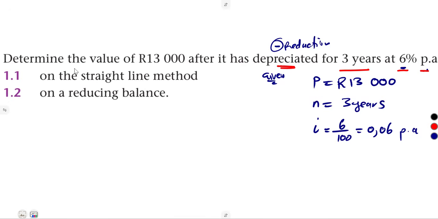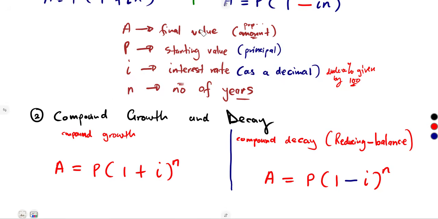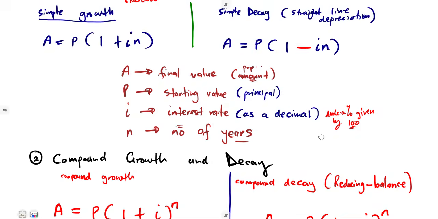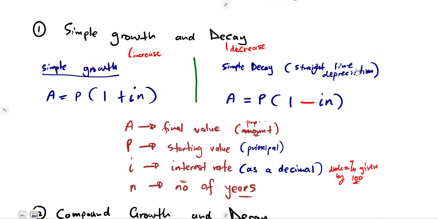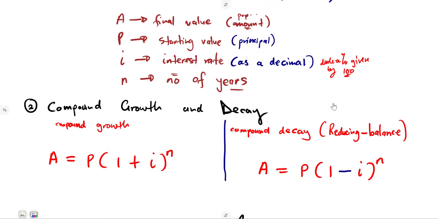The question was, we are supposed to determine the value after. It is A that you must determine, the accumulated amount, the final amount, A, the final value. P is what you started with, which is the principal. They said using the straight line method or reducing balance on the other section.